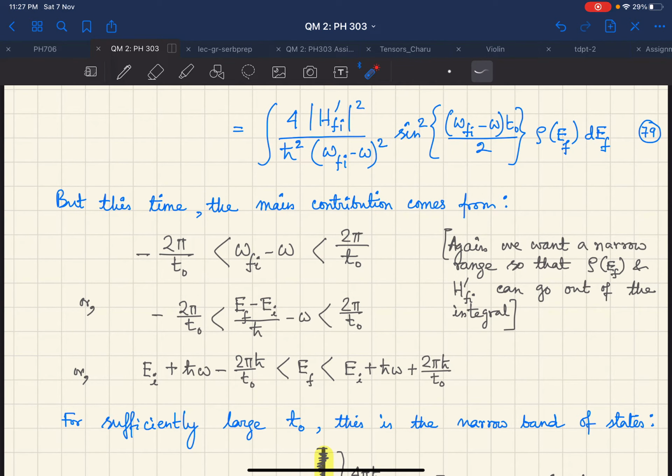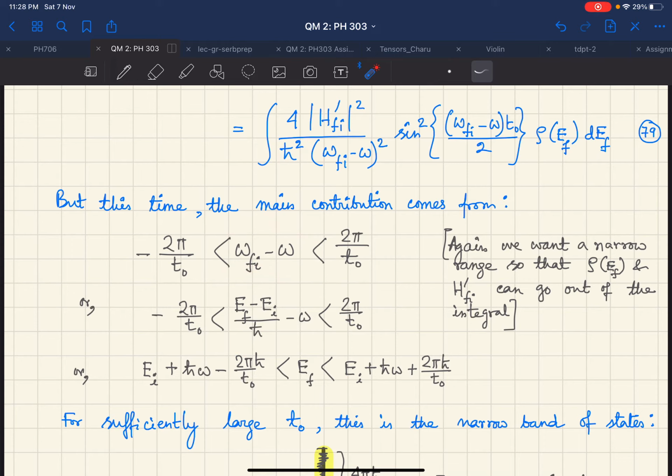So the same argument which you gave in the case of constant perturbation holds good in this case also, with the only difference being that there you had only omega Fi, but here you have omega Fi minus omega. Everything else is the same.